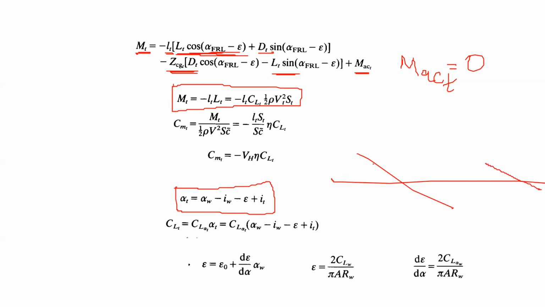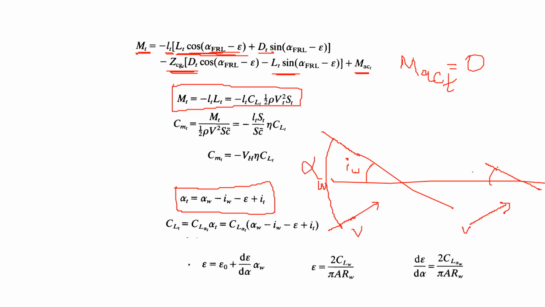Okay, so this was IW. Wind was coming like this. This was alpha at the wing. Now, this is the V infinity experienced by the tail.